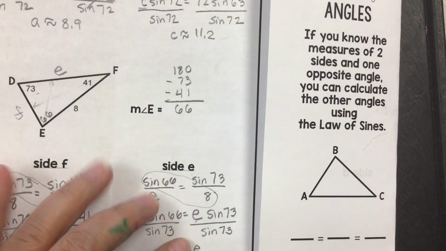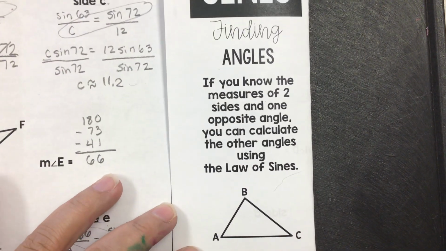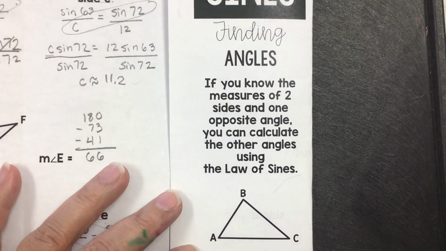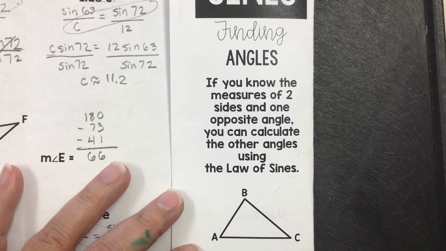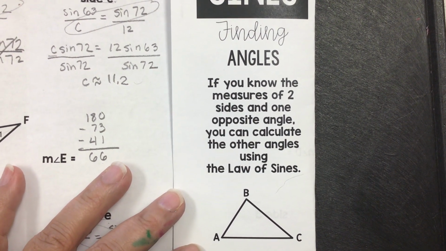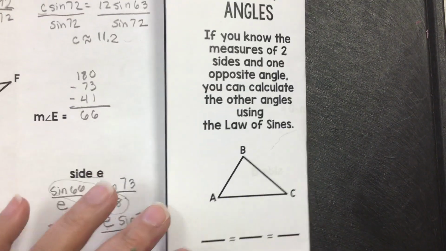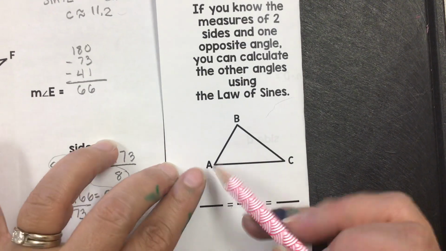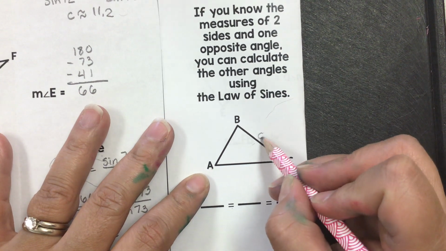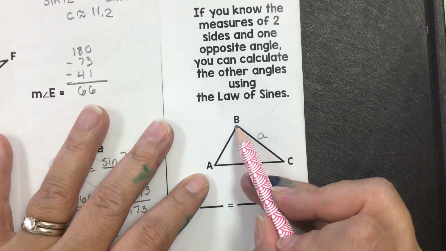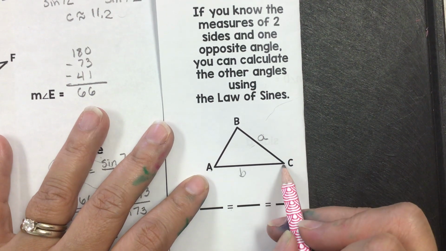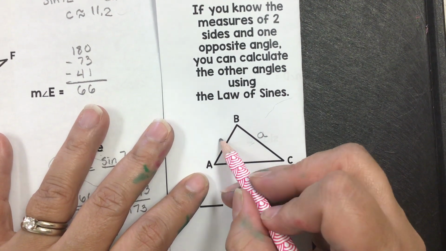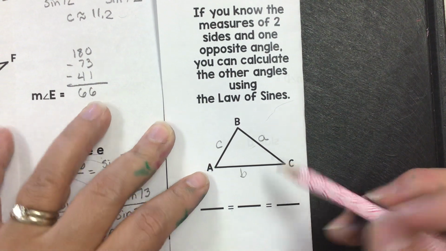All right, on the next one, it says the law of sines finding angles. If you know the measure of two sides and one opposite angle, you can calculate the other angles using the law of sines. Well, the law of sines is still the same. Angle A corresponds with the side A. The angle B corresponds with the side B. And angle C corresponds with the side C that is created by the opposite side.